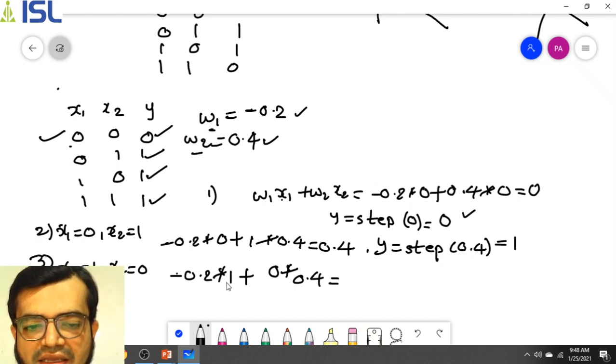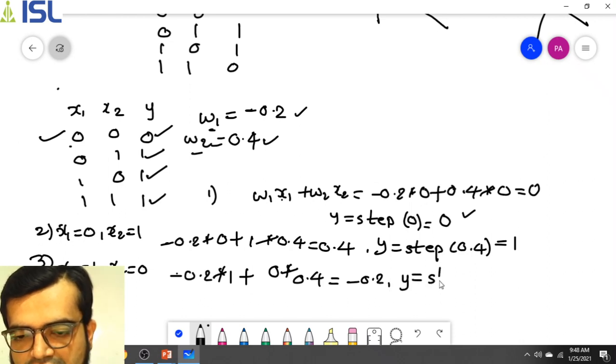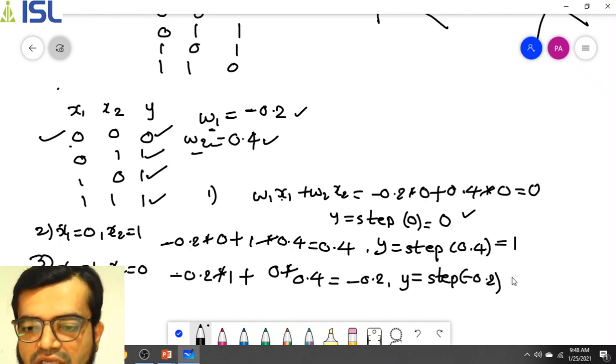So you will be getting minus 0.2. But upon performing the step function, the activation function, of minus 0.2, as it is less than 0, you will be getting the value 0.